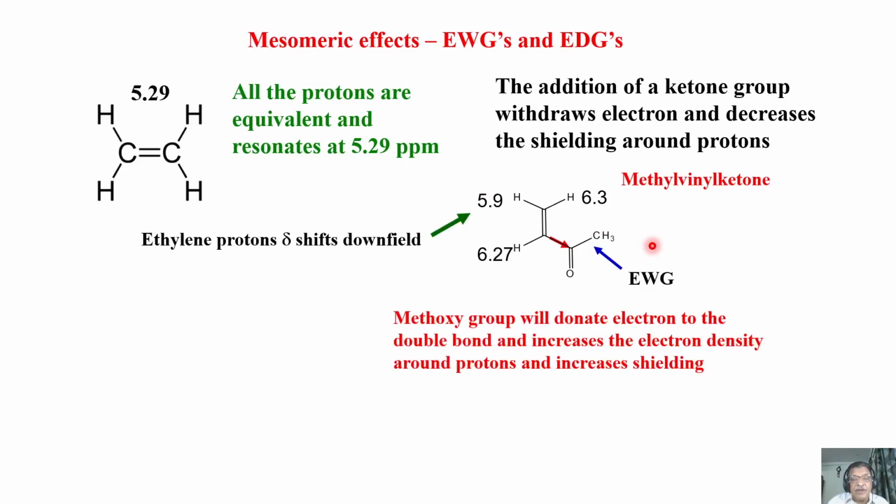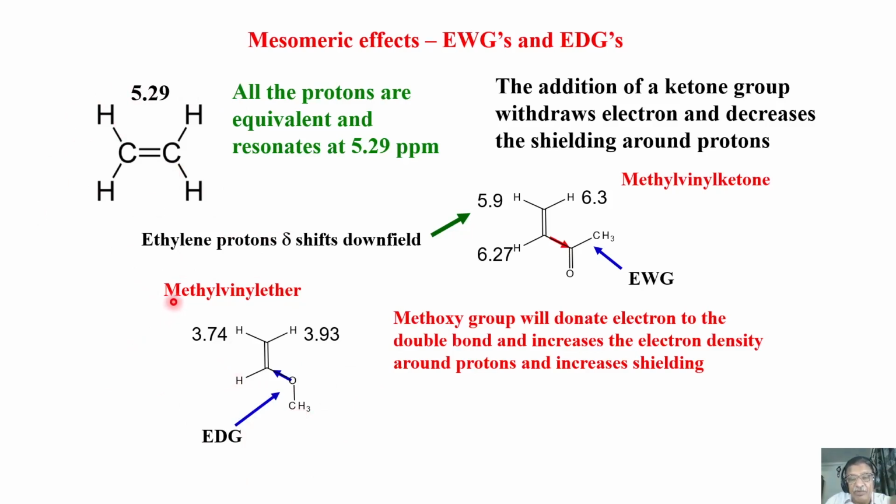What happens? You put OCH3. What is OCH3? Methoxy group. It will donate electrons to this double bond and increase the electron density around the protons. Look at this one. The moment you put it, again, you have broken the symmetry by substitution of the OCH3 group. When you put an electron donating group, the shielding became more.